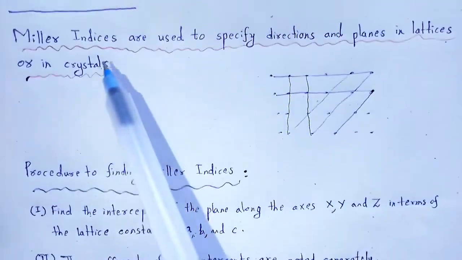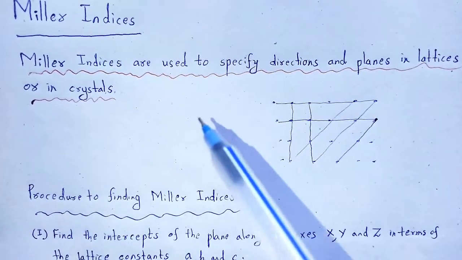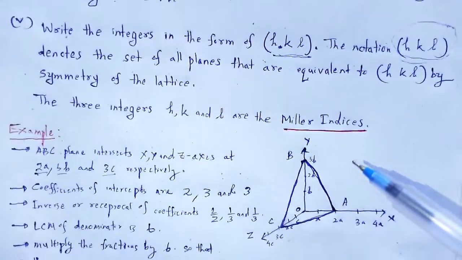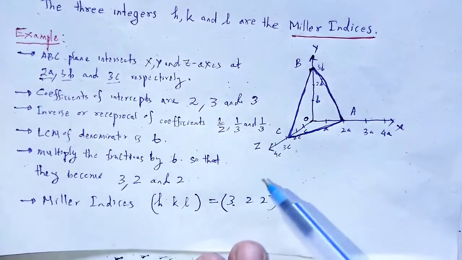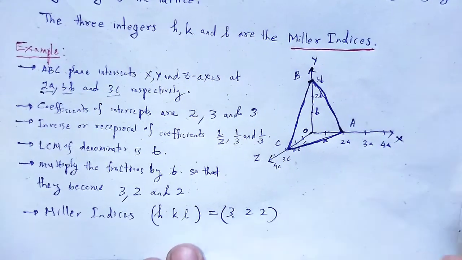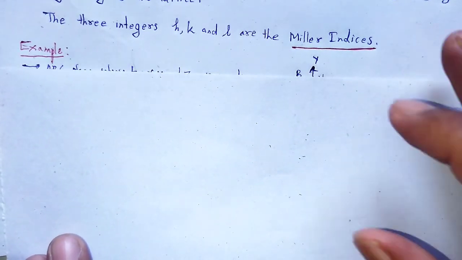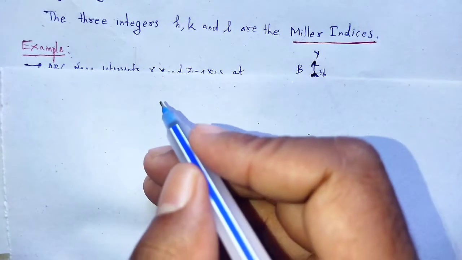Now we have covered the definition of Miller indices, the procedure we have to follow to find the Miller indices, and an example of finding the Miller indices. Next, some important points we have to remember when dealing with Miller indices.